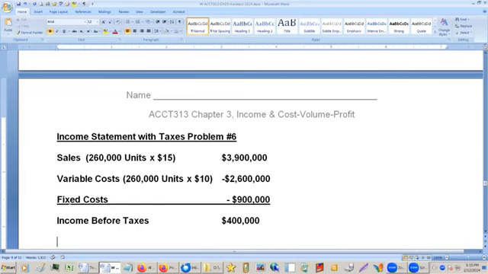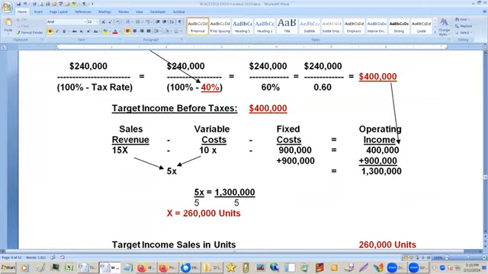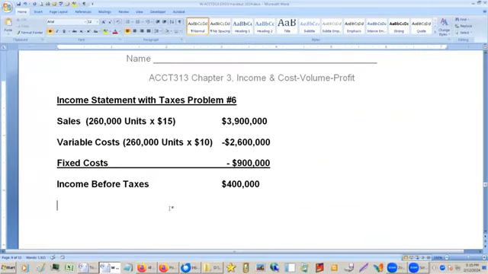Okay, well, now the government's going to take their taxes out, which is 40% of 400,000. That's 40%, or 160,000.